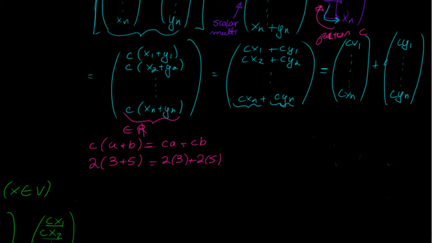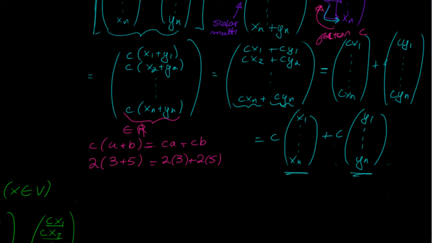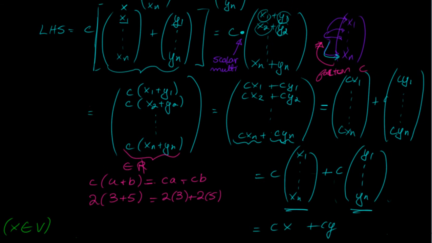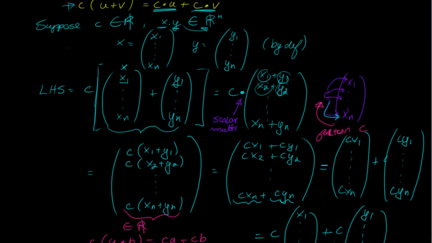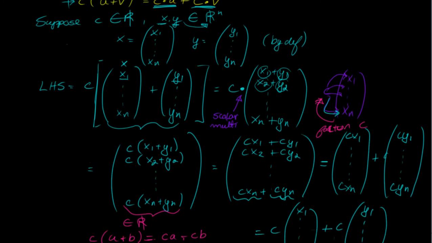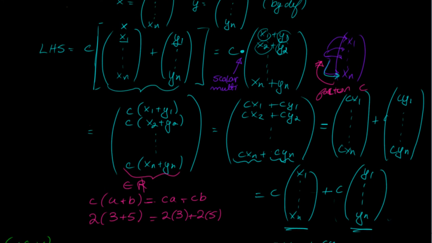So it's equal to c times x1 through xn plus c times y1 through yn. And I know by definition that this is cx plus cy. So even though this proof seems long, it actually is quite easy and quite trivial. You just have to get the steps right.